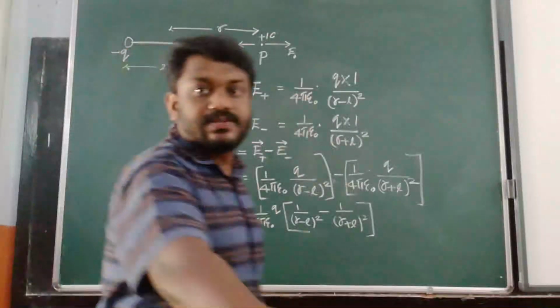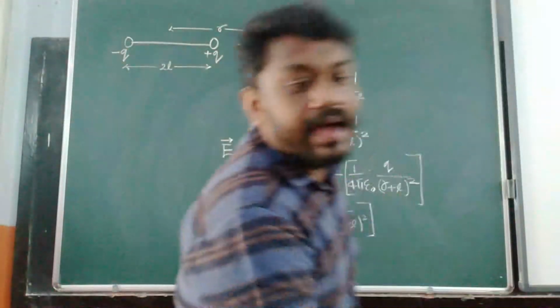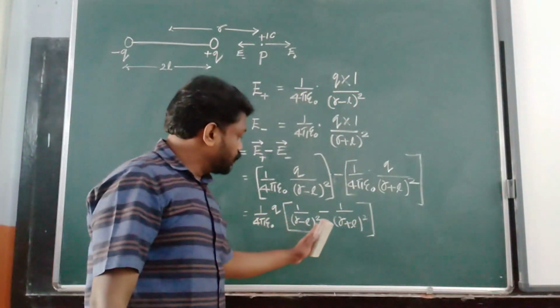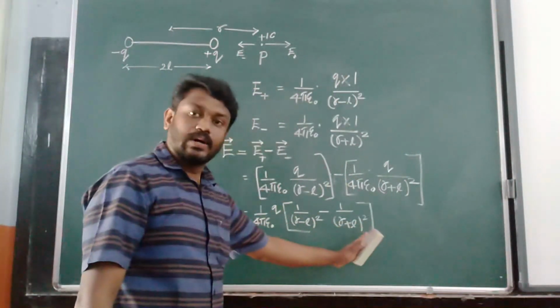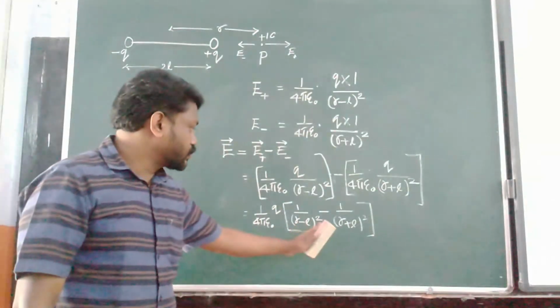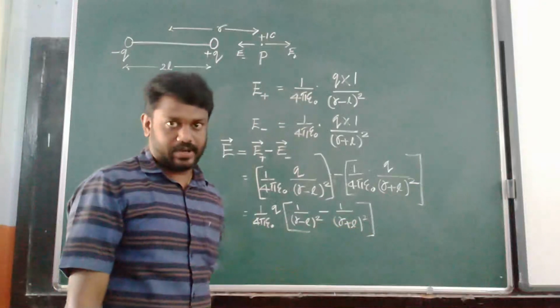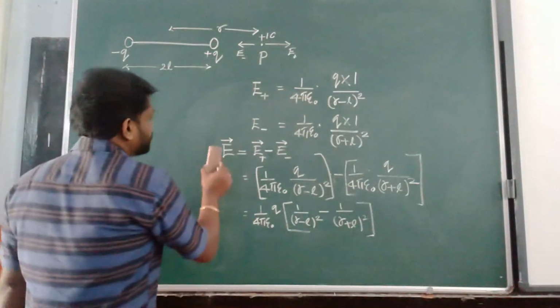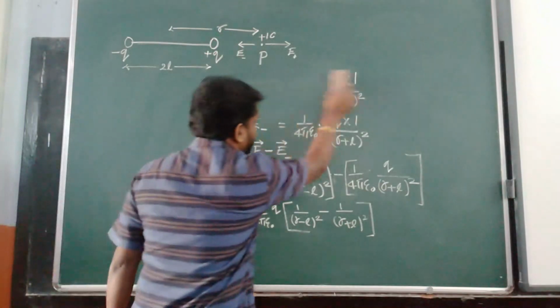Okay, so that is 1 by r minus L whole square minus 1 by r plus L whole square. In the denominator you can take it as a minus b whole square and a plus b whole square. You know a plus b whole square and a minus b whole square, let me write it out.